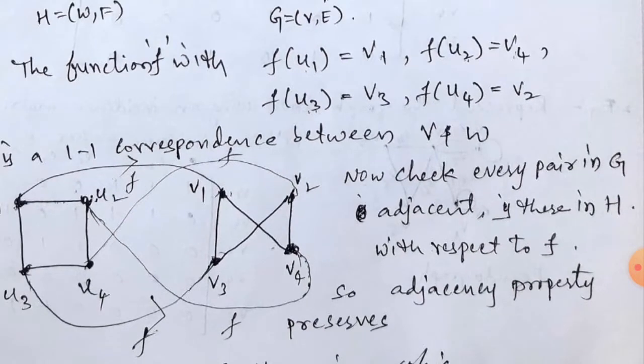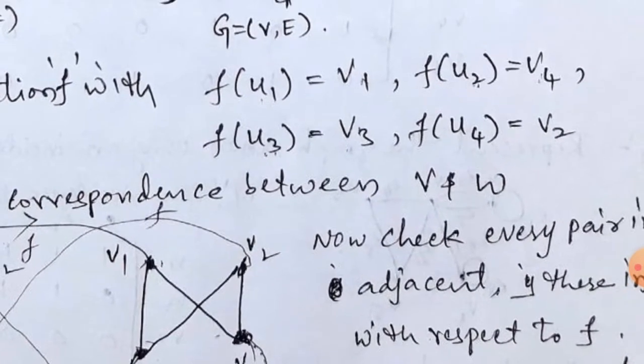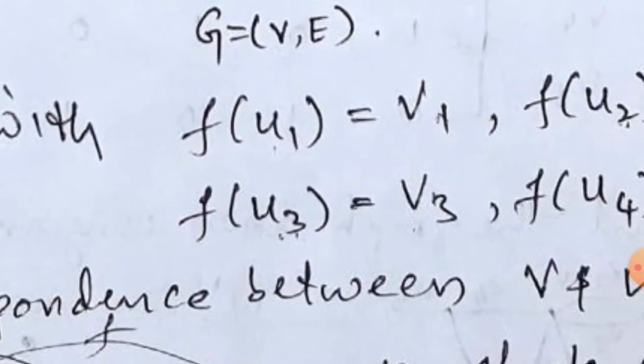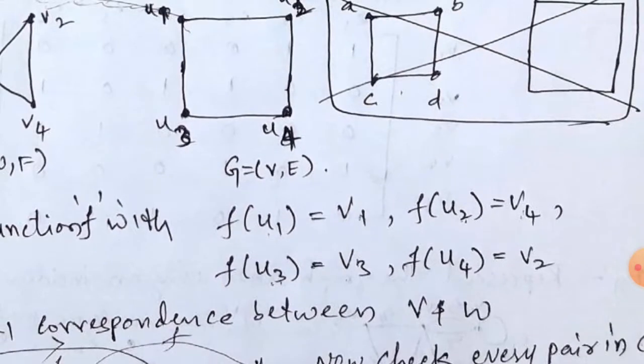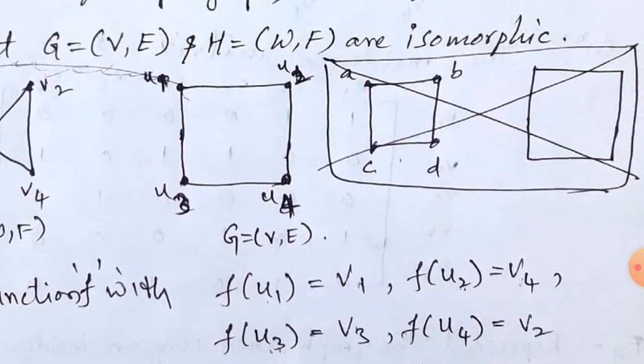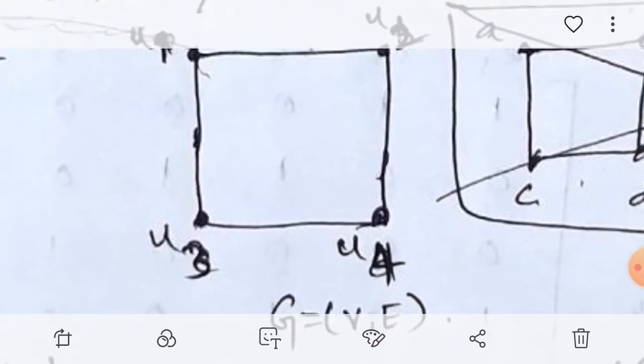So the adjacency property is preserved if that is satisfied. For example, take u1 u3. In G there is an edge u1 u3.